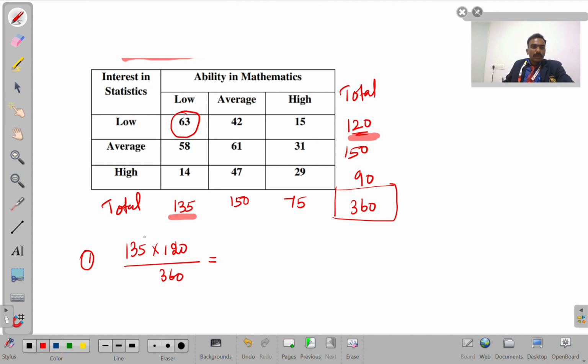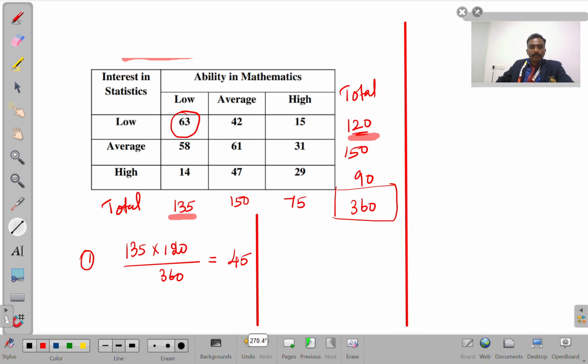You can use a scientific calculator. The value is 45.